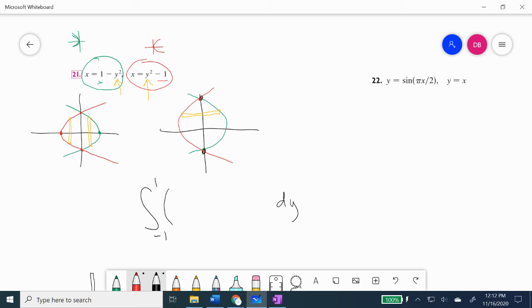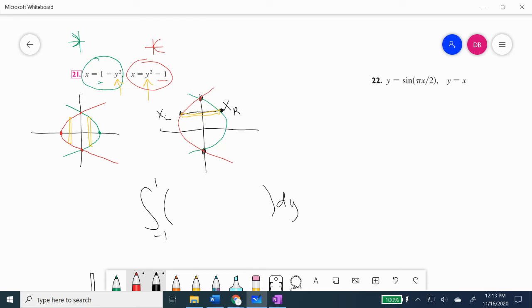Now, to get area, all I need is to multiply the length across by the tiny other dimension, dy. That length across is whatever x is equal to on the right side minus whatever x is equal to on the left side.